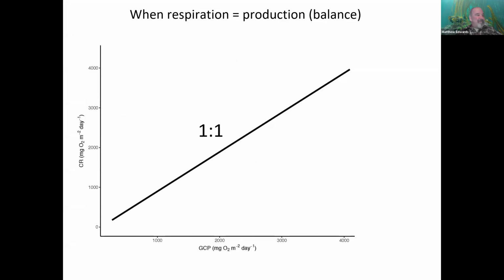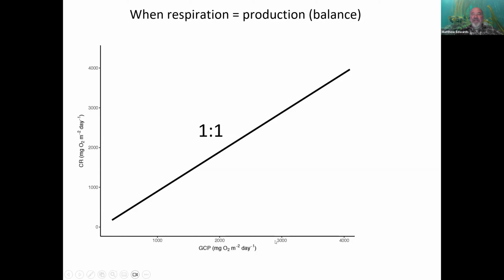This brings us to the idea that if net community production was really similar between them, and it's a balance between respiration and primary production, then we should be able to look at respiration on the y-axis and primary production on the x-axis in all of these chambers. If the ecosystem is staying in balance, when primary production is low on the x-axis, respiration should be low on the y-axis.